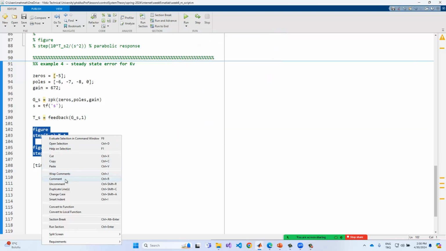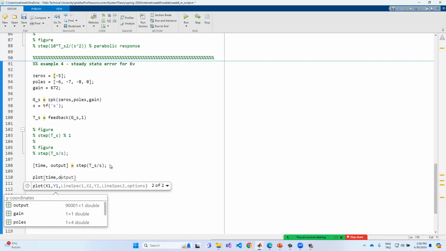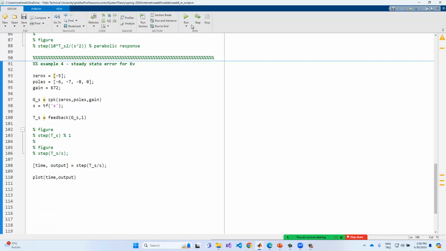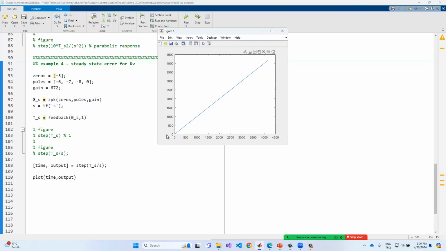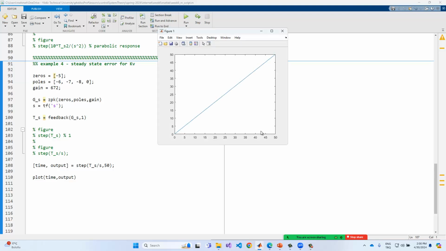And so if I run this code, we can comment all the terms in here, and so the plot, time and output can be given in here, right? And so if I run this code, and then we will have these terms in here, and also we can take the 50 seconds value in here, just like this one.